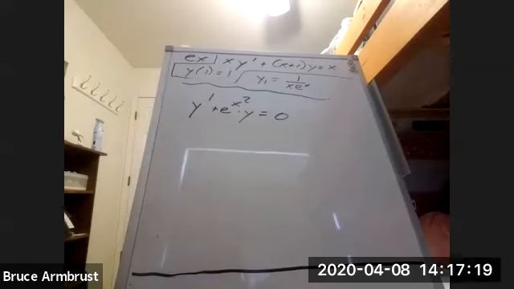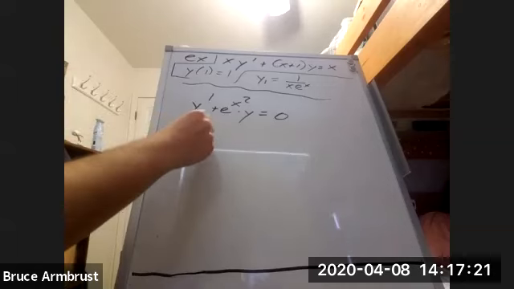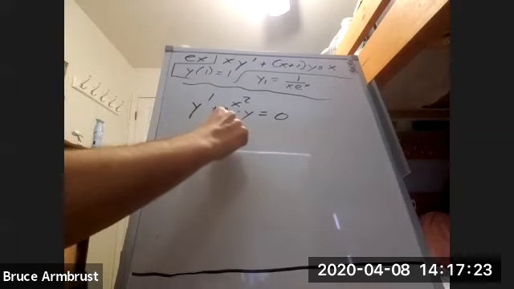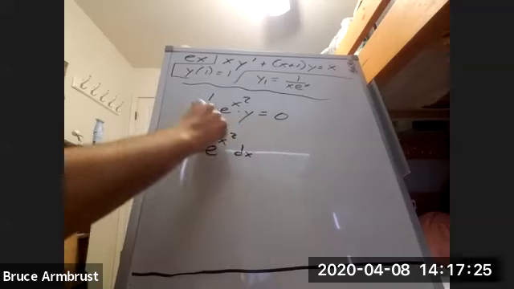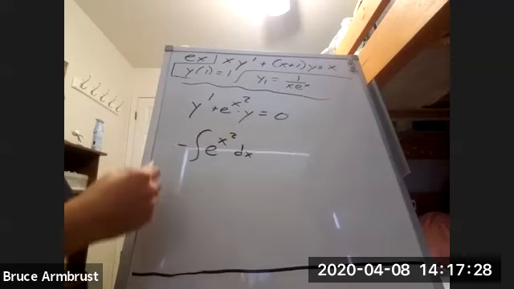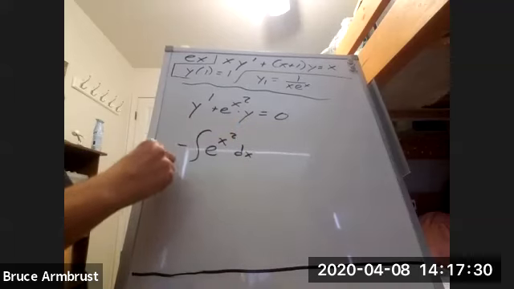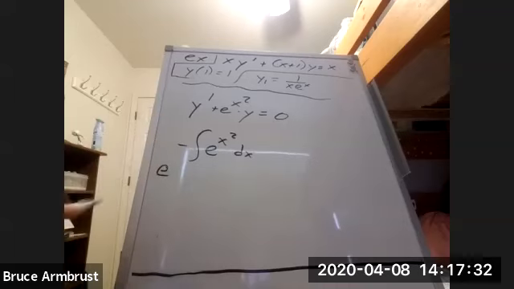And the way that we solve this is we start by taking the p, e to the x squared. We're going to integrate it, make it negative, and then take e raised to that power. And you all know, because this is one of the classics, that this is one that is not possible to integrate. Okay, now, does that mean that there's not a solution?